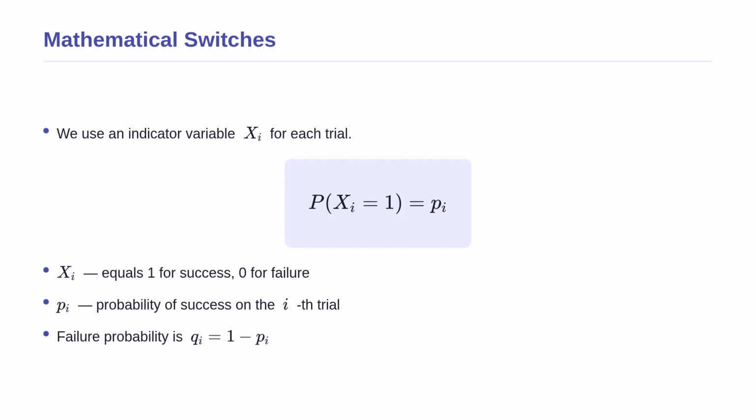For the ith trial, the probability that the switch turns on is exactly equal to the success probability of that specific trial, which we call pi. As the trial becomes easier, pi increases and the switch is more likely to turn on. Conversely, the probability that the switch stays off is the failure probability, qi. Since there are only two outcomes, success and failure must add up to 100%, making qi exactly 1 minus pi.